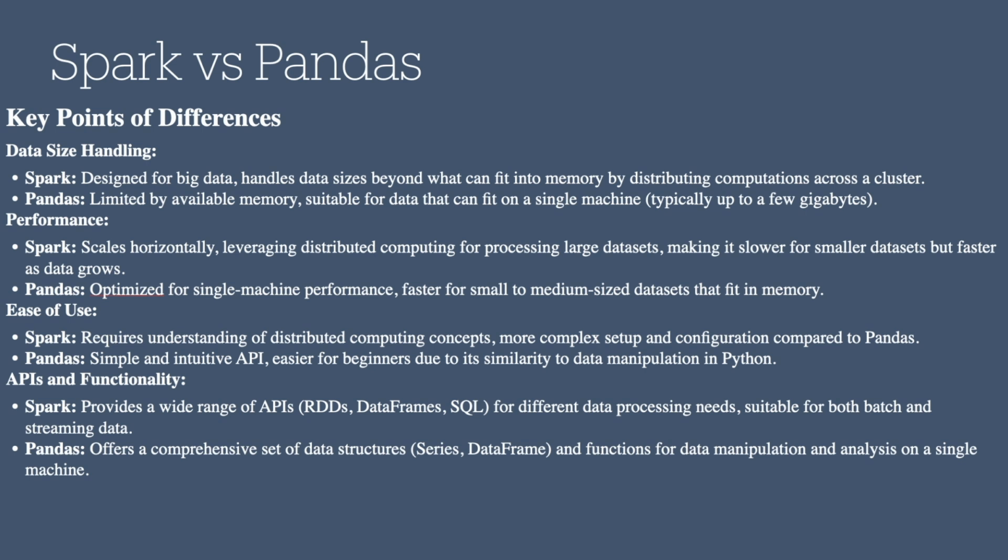Think of Pandas like a personal assistant who can handle a lot of work efficiently, but has a limit on how much they can manage at one time. If you try to give them too much workload, they will get overwhelmed, and the whole processing will slow down. Spark, on the other hand, is designed to handle very large-scale datasets that exceed your computer memory.